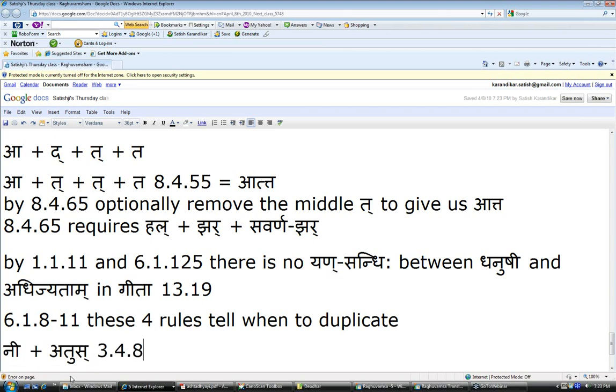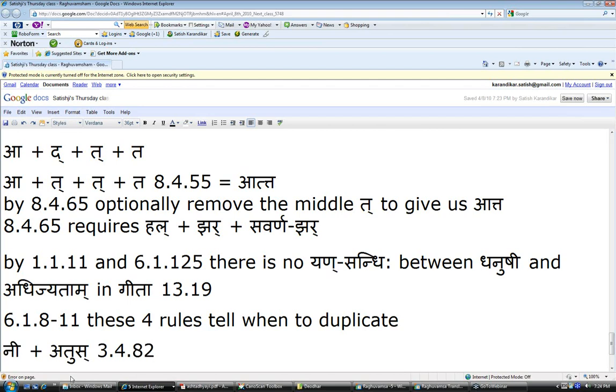The question here is, why not do the yan sandhi here itself? Why do the abhyasa first and then do the yan sandhi? The answer is that Panini has a sutram for that, which says dvirvacane 'ci, 1.1.59. Give the number for that. Dvirvacane 'ci says, don't do any of this ajadesha when duplication has to be done.